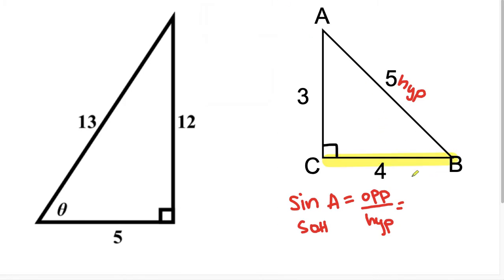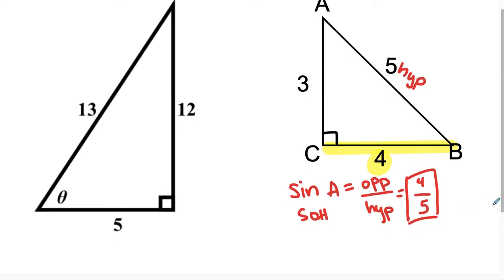The opposite side here is 4, so we place the number 4 in the numerator, over the hypotenuse, which is 5. So the ratio of its opposite side to the hypotenuse is 4 to 5. This is your final answer. You can also reduce that if it's reducible, but you could leave it as a fraction.